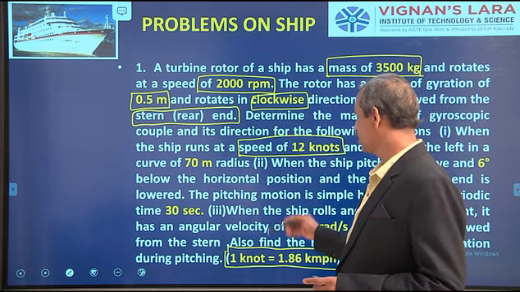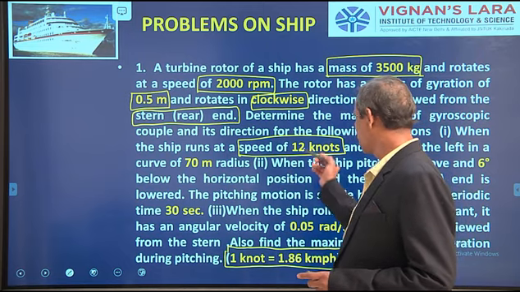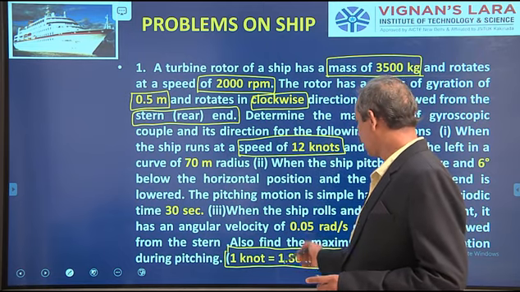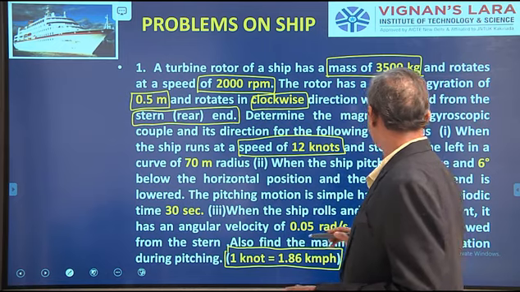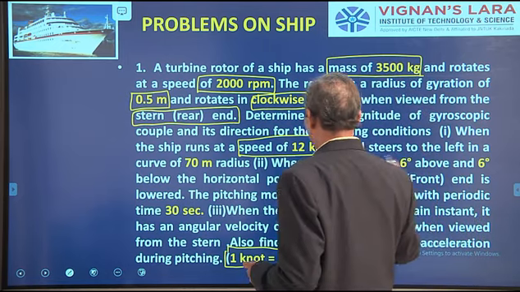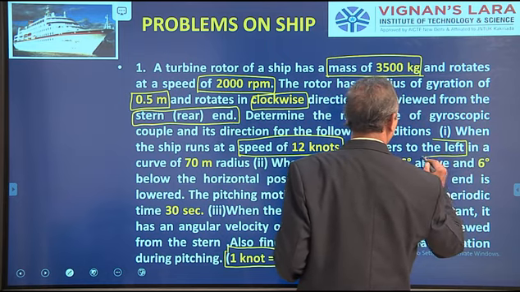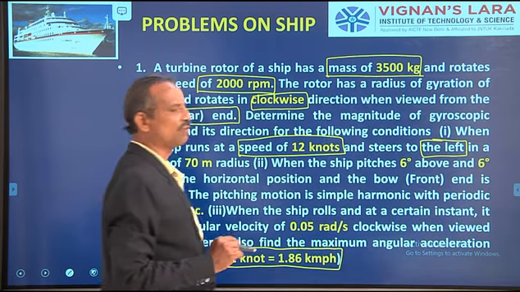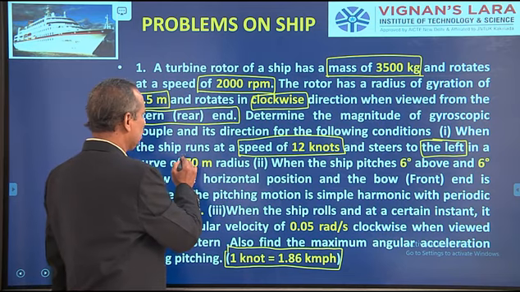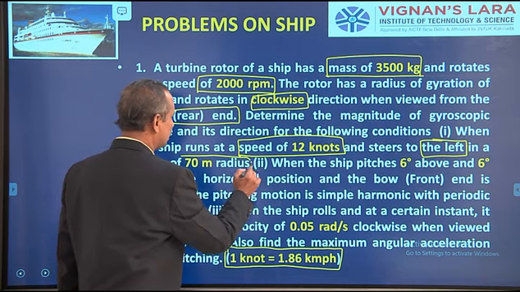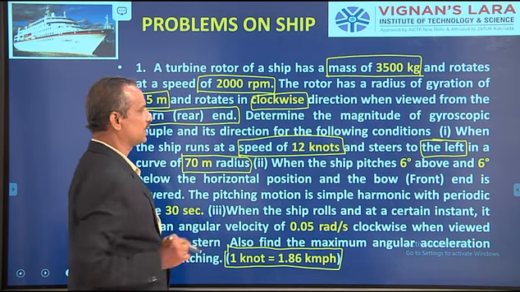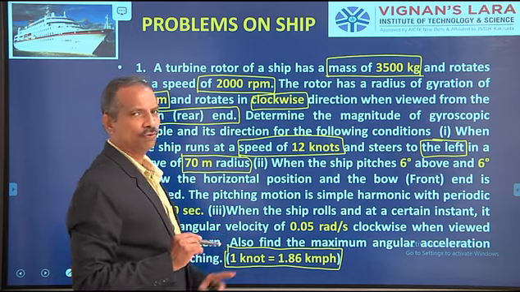Don't worry, if it is given directly we can convert it with the conversion factor available here. Then it steers to the left, a left turn. And what is the curve? It takes a 70 meters radius. That is part 1.